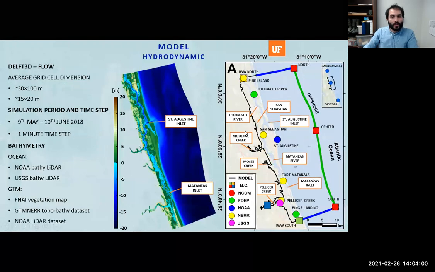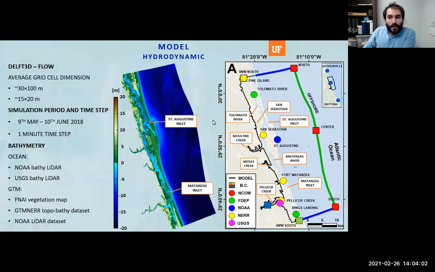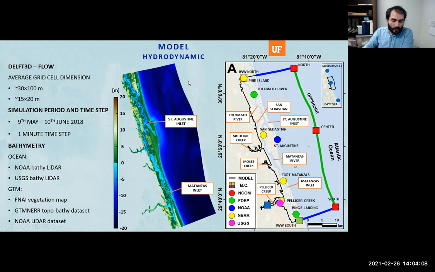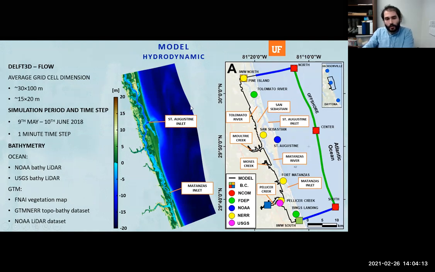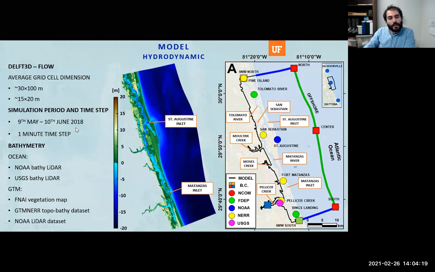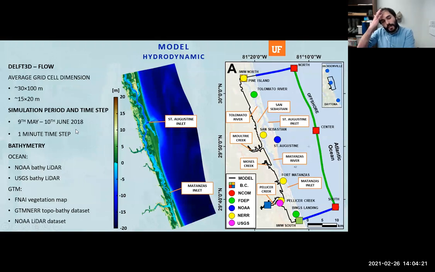So the first part of the model is the hydrodynamic model. It's a Delft3D flow model. The cell dimension inside the domain is different everywhere because we want to get different results in the ocean, and we want to have better results, obviously, inside the estuary. The simulation period goes from the 9th of May to the 10th of June 2018, and the time step is 1 minute.